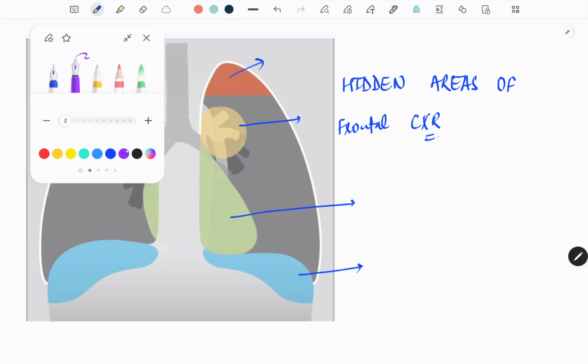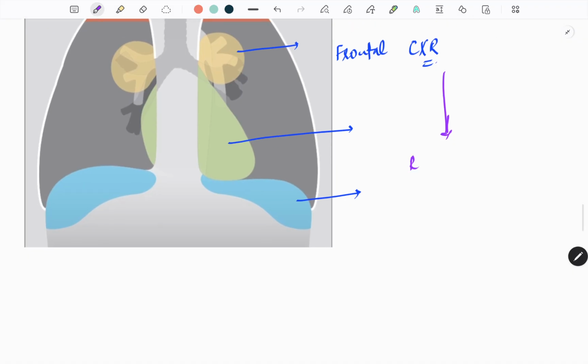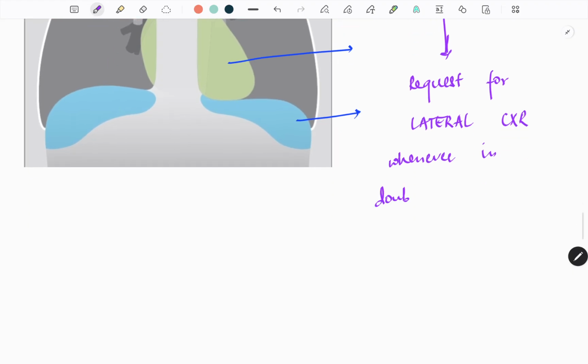And for these areas, we will request a lateral chest X-ray whenever in doubt, after seeing the frontal chest X-ray.